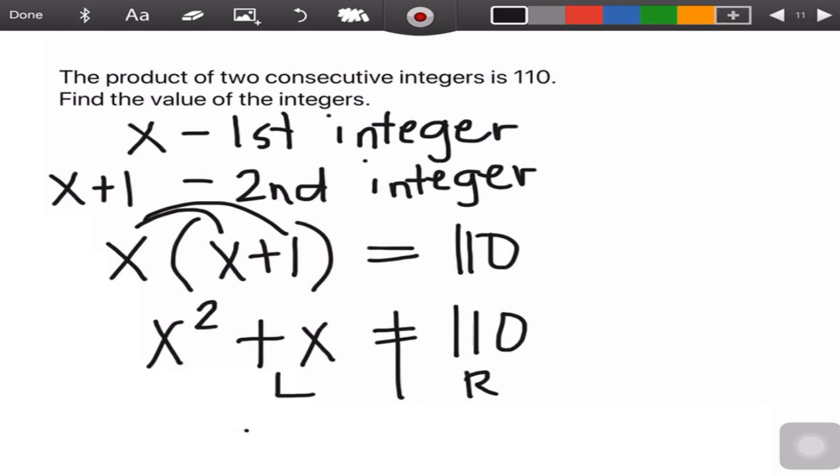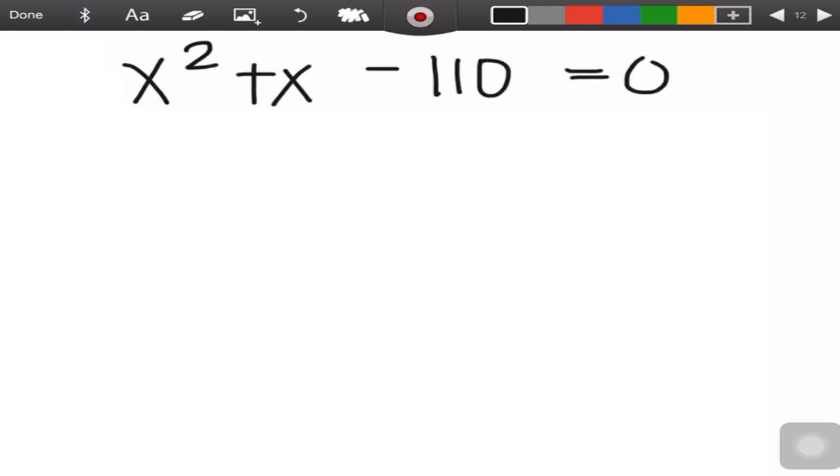So from positive, it will become negative 110. And then you copy the terms in the left side. So now we already have x squared plus x minus 110 equals 0.